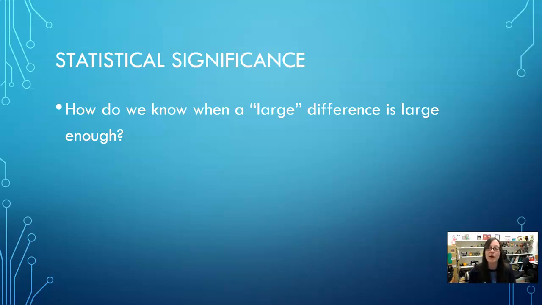If we're comparing two groups, and one group is expected to be higher on our dependent variable than the other, a little bit of a difference could be because of random error. But if there's a big difference, then we can say that seems to be something real going on, and it's not just because of error. So statistical significance asks when that large difference is large enough.